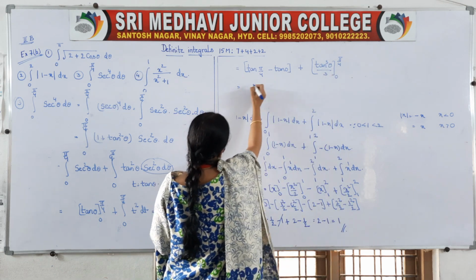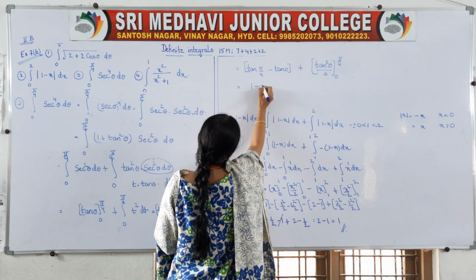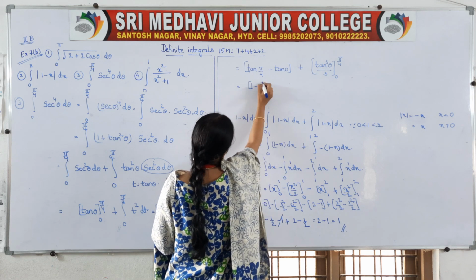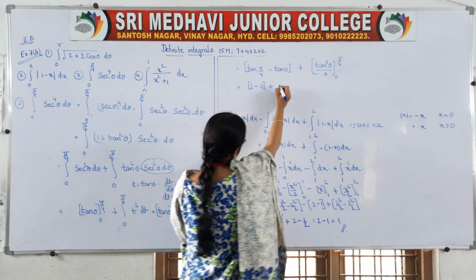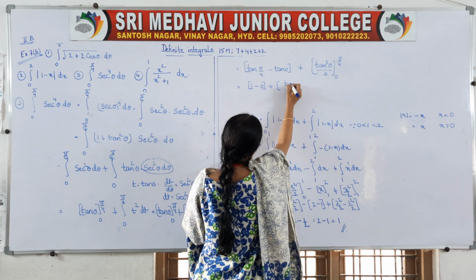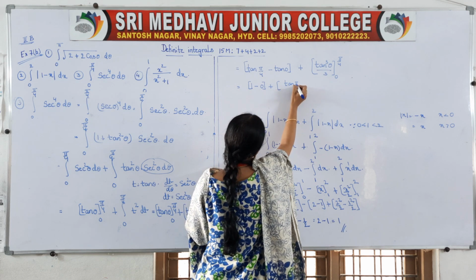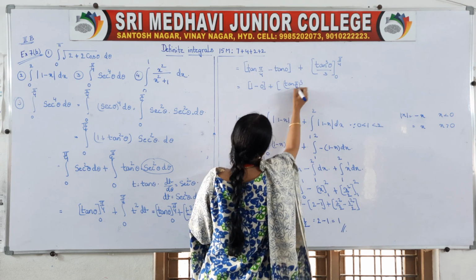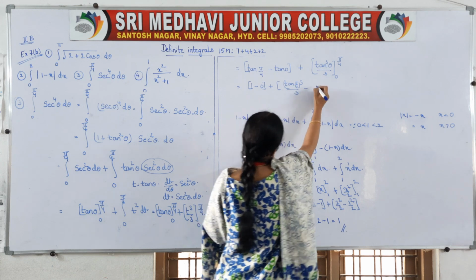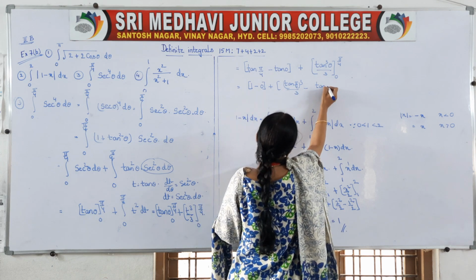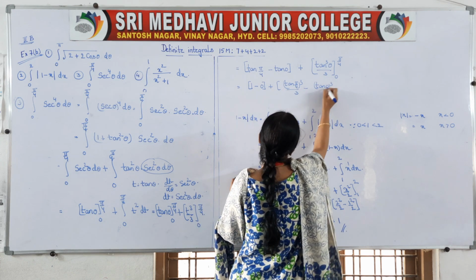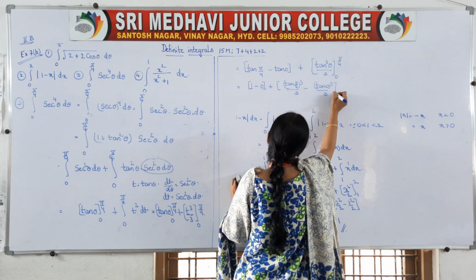Okay. So tan pi by 4 is 1, minus tan 0 is 0, plus, same thing, tan pi by 4 whole cube by 3 minus tan 0 whole cube by 3.